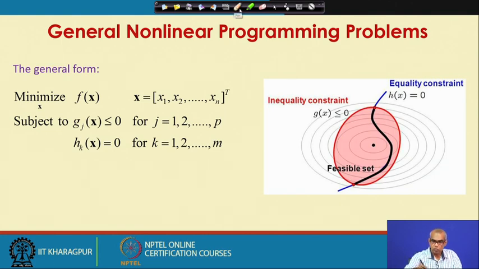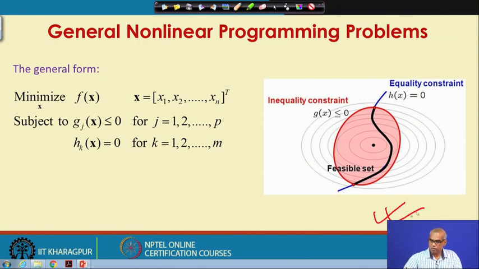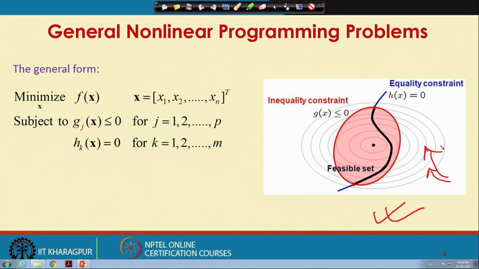Now, look at this diagram. This represents contours of the objective function, and this region is obtained by the inequality constraint g less or equal to 0.